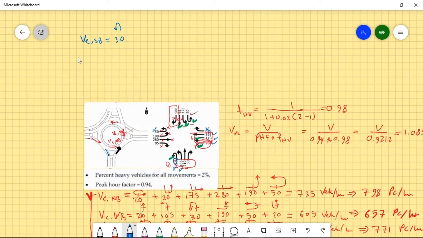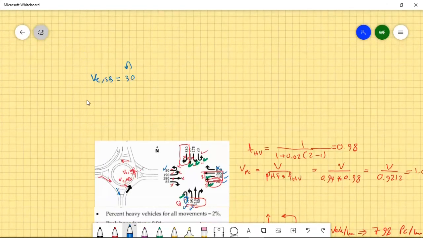It's going to exit from that point, and this volume, plus 110, plus this through volume 95, plus the right turn volume here, 85.